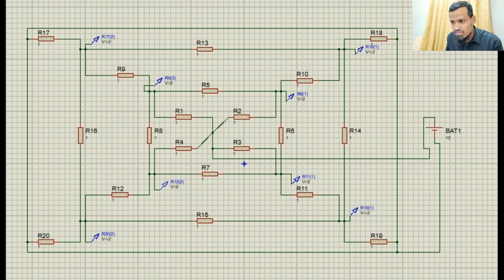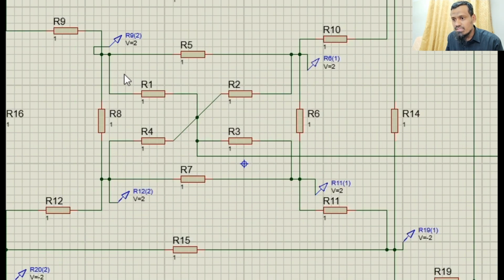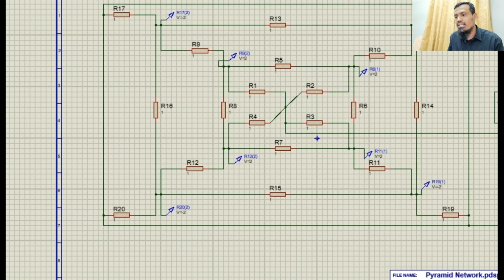Let me zoom in for better visibility. You can see here, this is node 1, which is having a voltage of 2, node 2 a voltage of 2, node 3 the voltage is 2, and node 4 is of voltage 2. Now let us see the voltage of the nodes 5, 6, 7, 8.